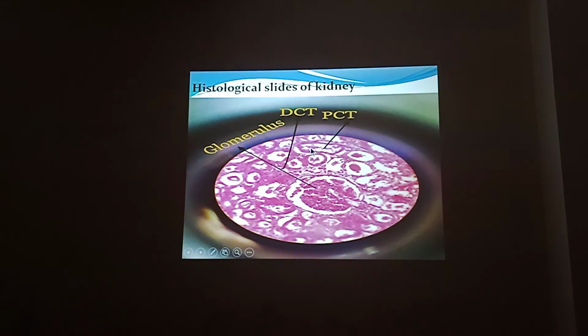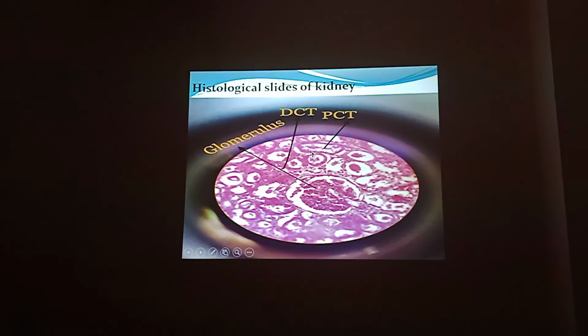But in the proximal convoluted tubule, it is less lumen, it is compressed. Proximal convoluted tubule is somewhat lengthy and compressed. That's why it gives flattened appearance. Whereas the distal convoluted tubule, it is not so lengthy and it is circular in cross section.